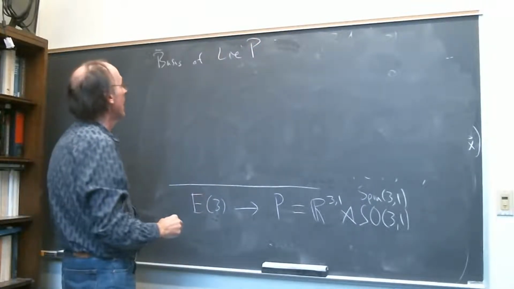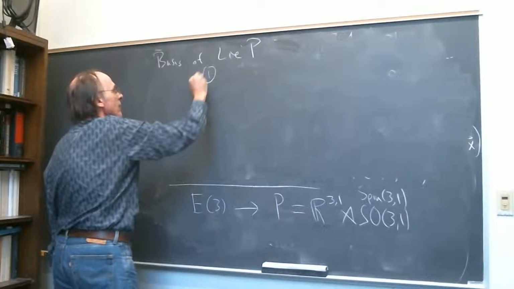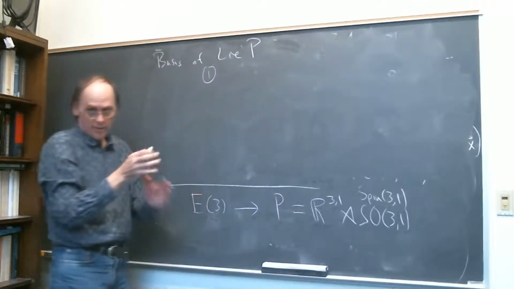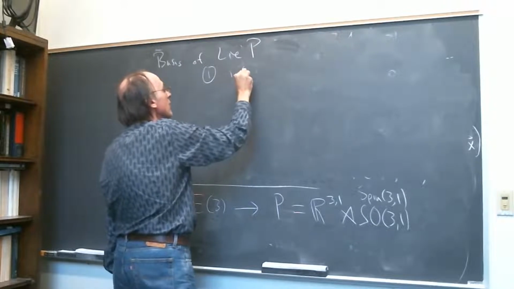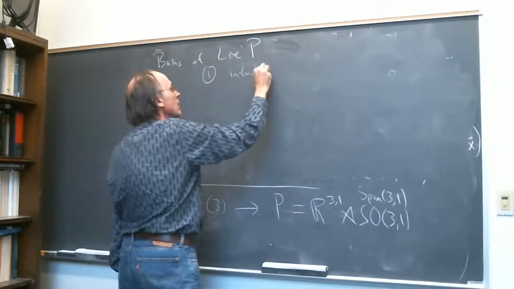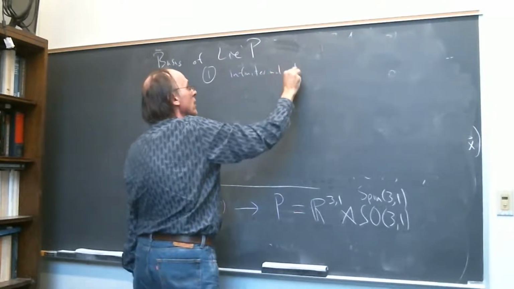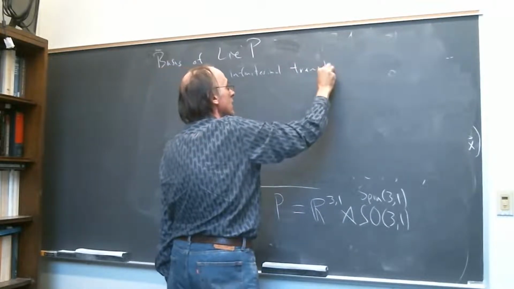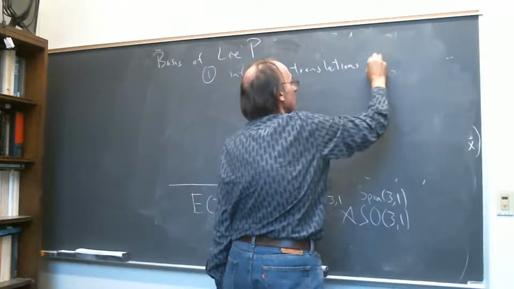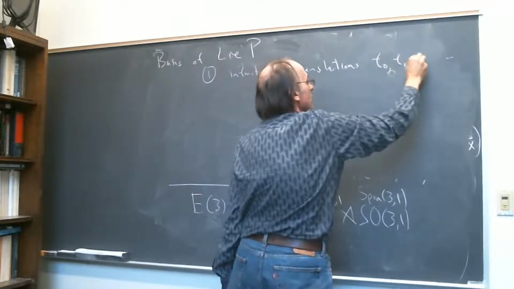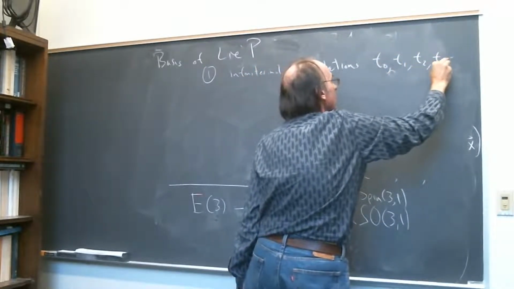It's going to have infinitesimal translations, called T0, T1, T2, T3.